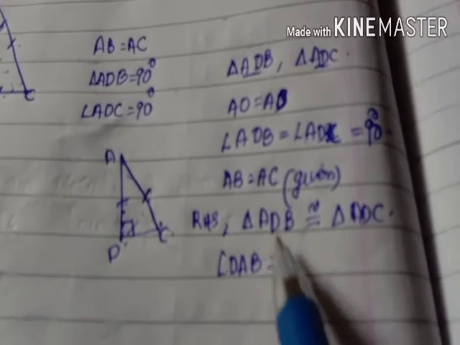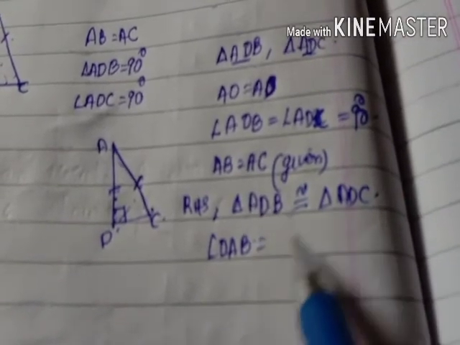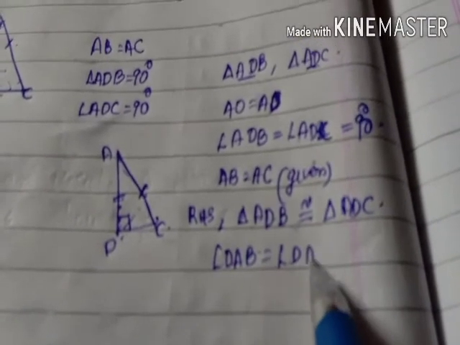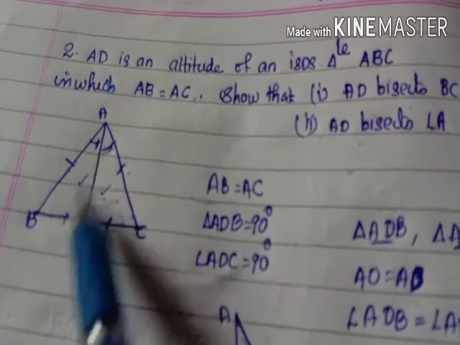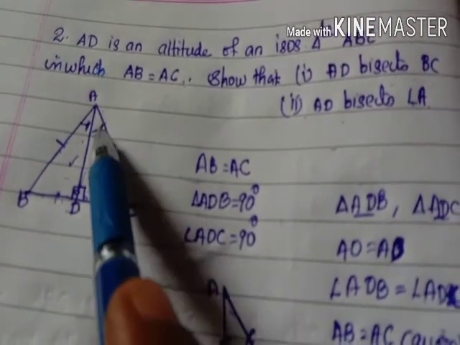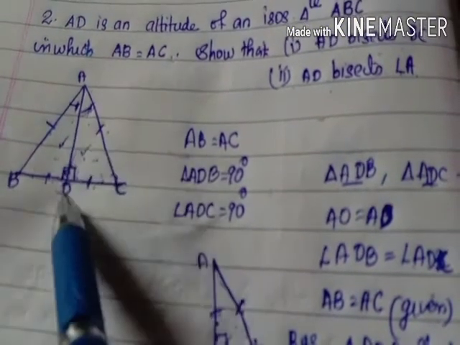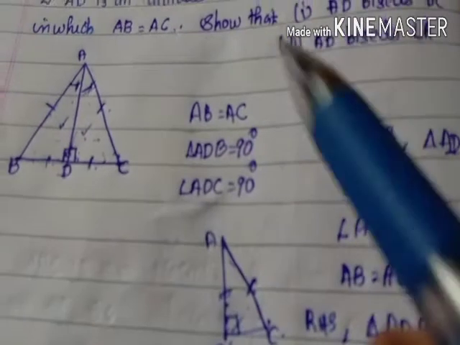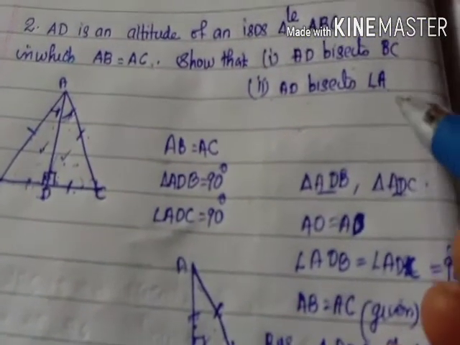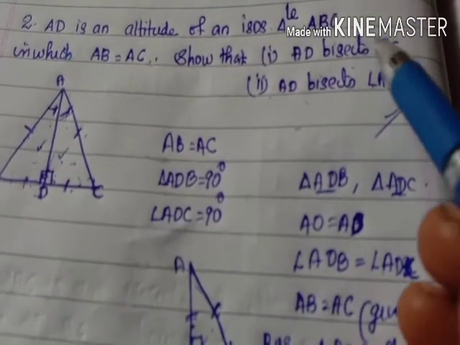So in this, by applying CP/CT rule, the angle corresponds to DAB. See the order, then write DAB and DAC. Look into the figure. DAB and DAC. These are our required equal angles. That means AD bisects angle A. That is our second part.